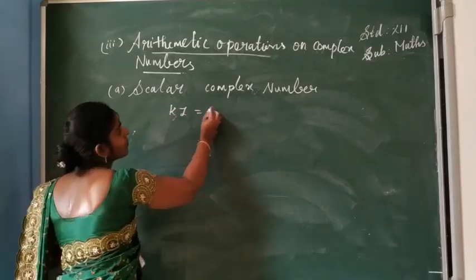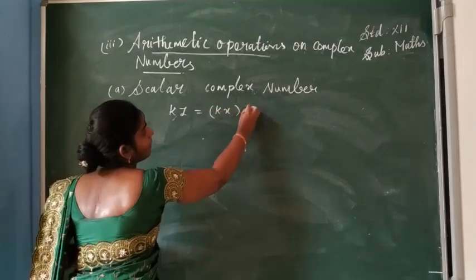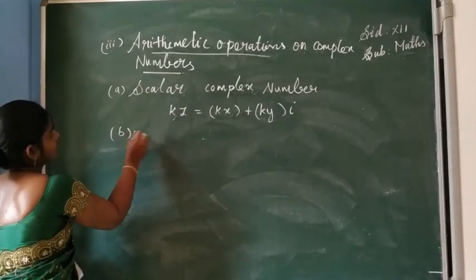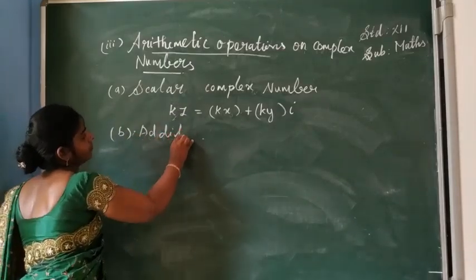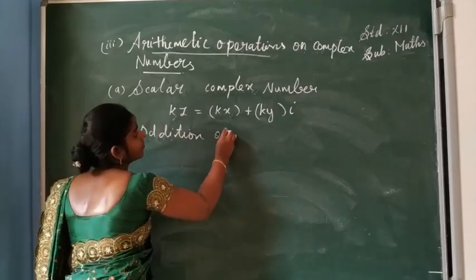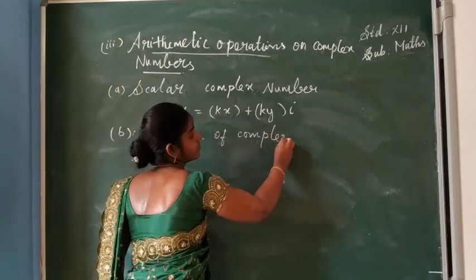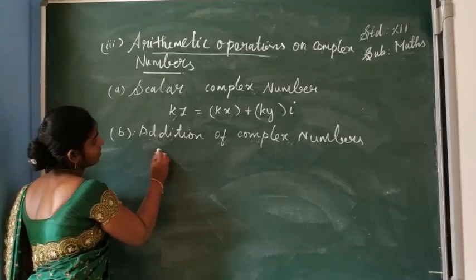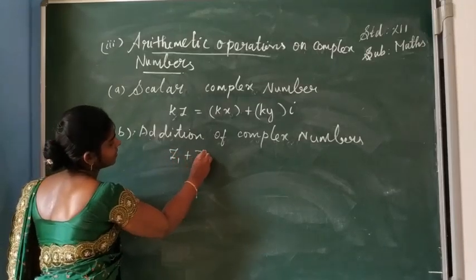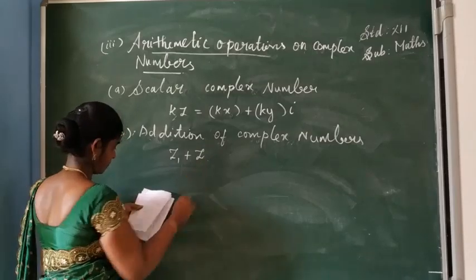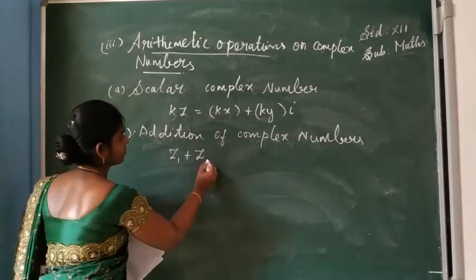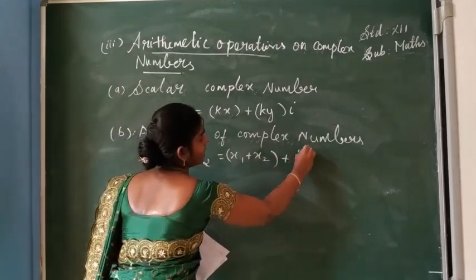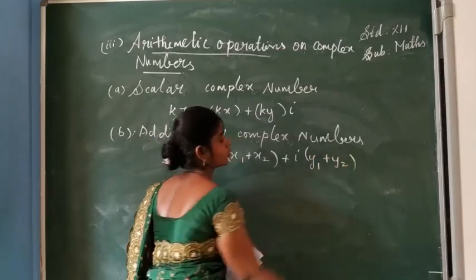kz equal to kx plus ky i. Addition of complex numbers: z1 plus z2 equal to x1 plus x2 plus i into y1 plus y2.